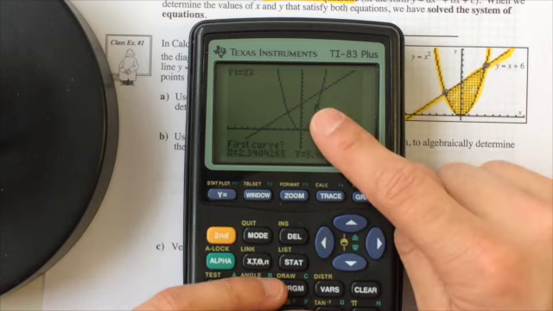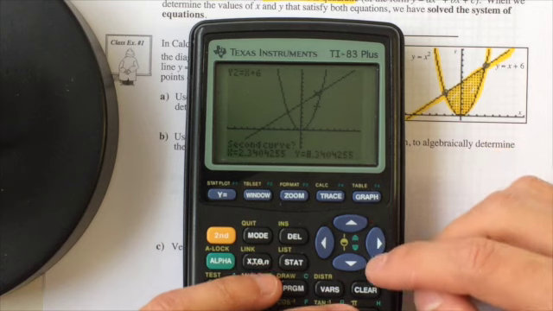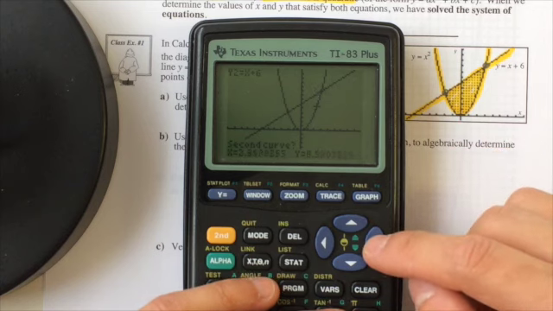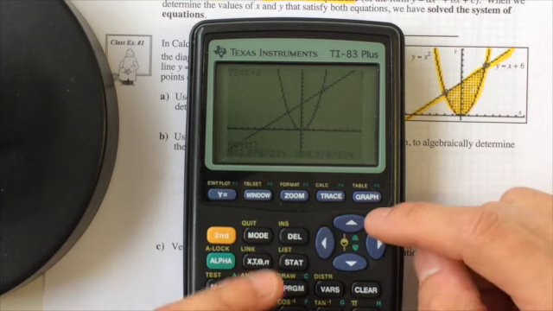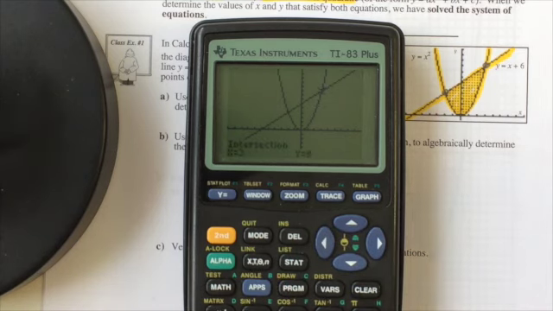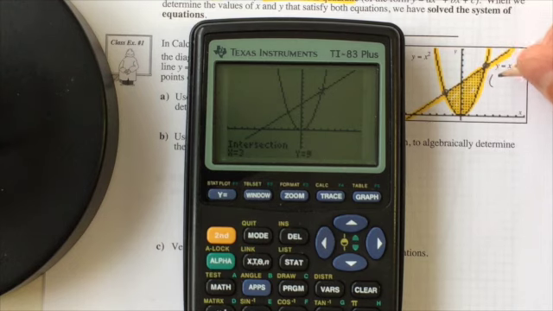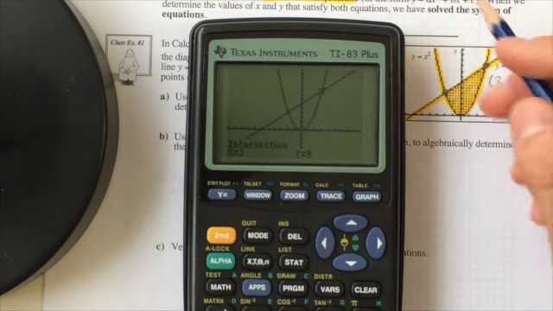On my first curve, I'm going to choose my parabola, press enter, and it'll give me the option for my second curve, and then my guess. This point here is at x equals 3 and y equals 9. Written as a coordinate, it's 3 and 9.